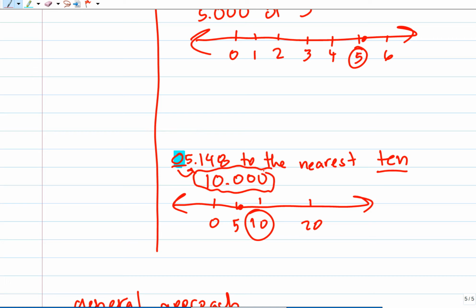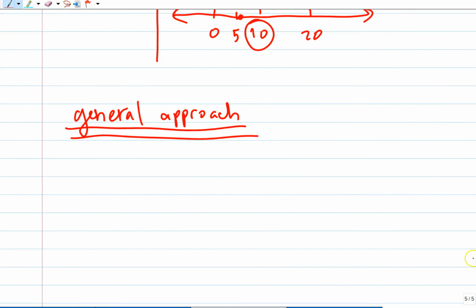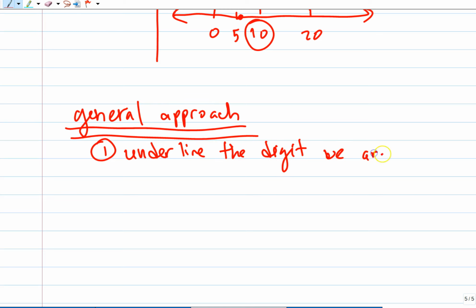Little trick here, just kind of deep thoughts. But what's our general approach? First, underline the digit we're rounding to. And second, look at the digit after.